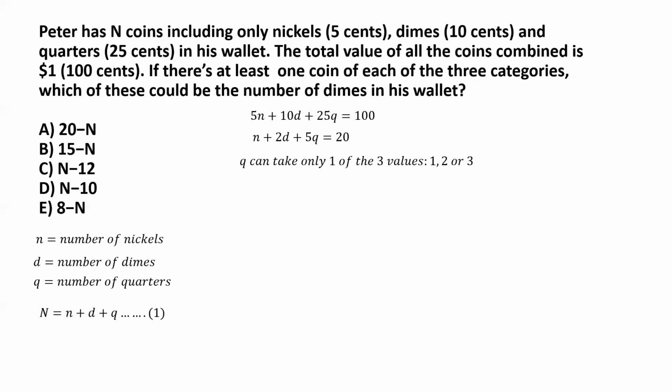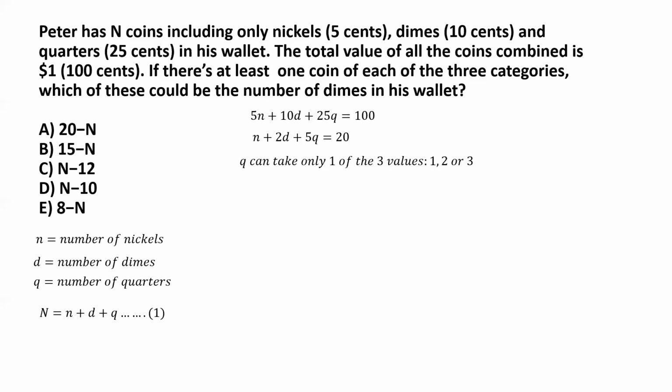So we can conclude that q can take only one of those 3 values. And the next step is going to be considering each of those values of q and seeing what value we can come up with for the number of dimes d.